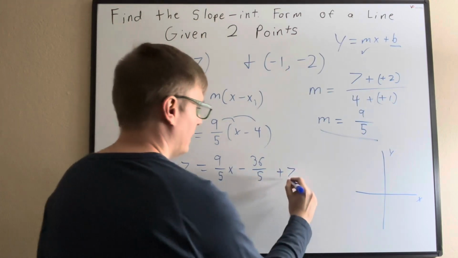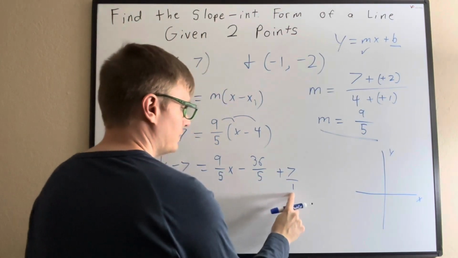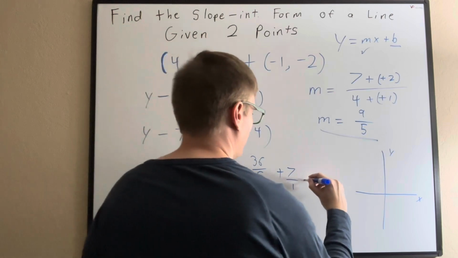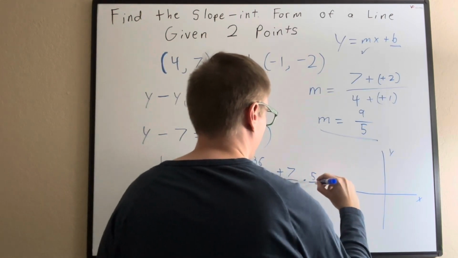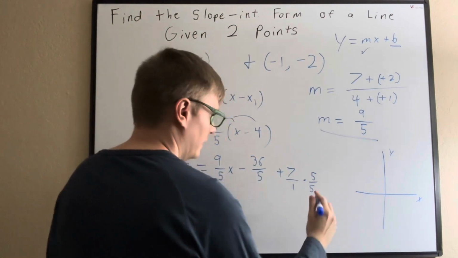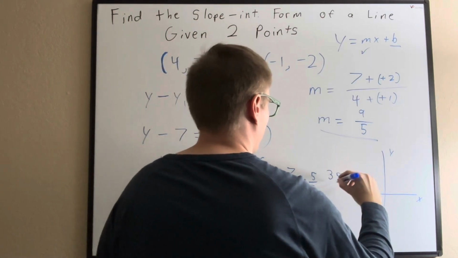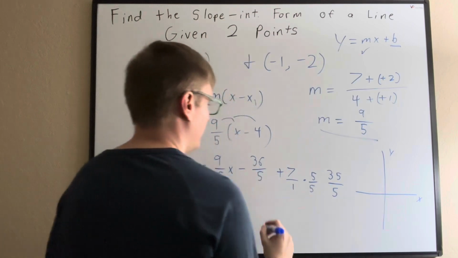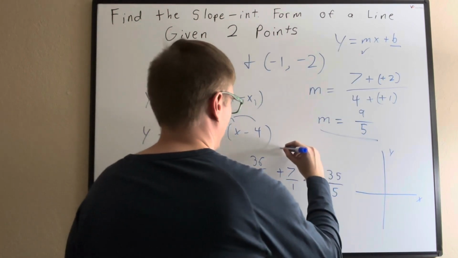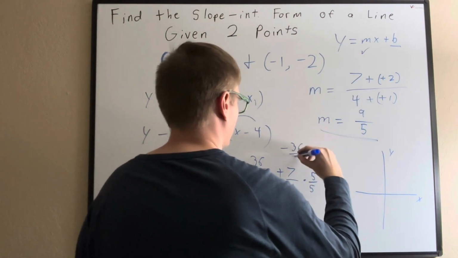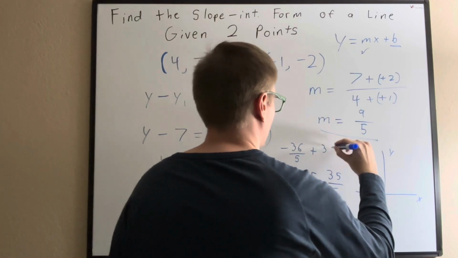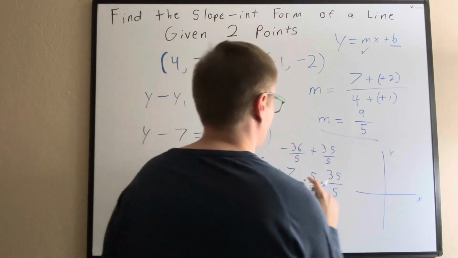We got to get a common denominator, right? Right now it's just a 1. So we need to multiply this number by 5 over 5, which is just 1, right? So we get the same number. 7 times 5 is 35 over 5. So we're actually adding negative 36 over 5 plus 35 over 5.